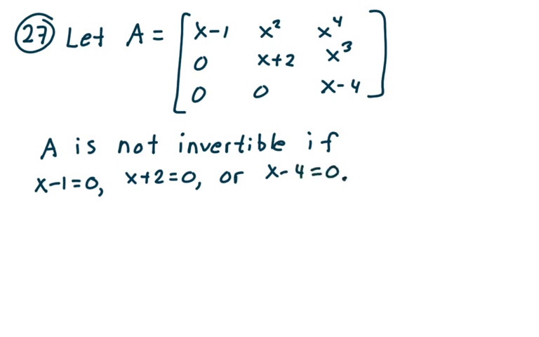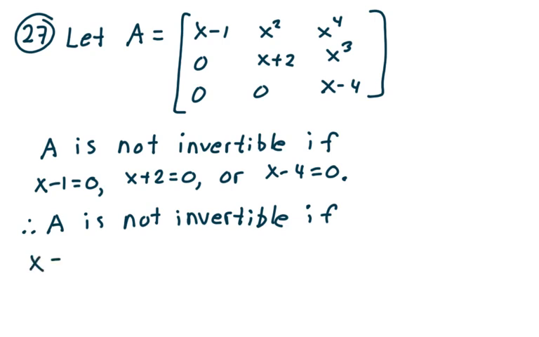So if at least one of those entries is 0, A is not an invertible matrix. So therefore, A is not invertible if x is 1, x is negative 2, or x is 4. You're done.